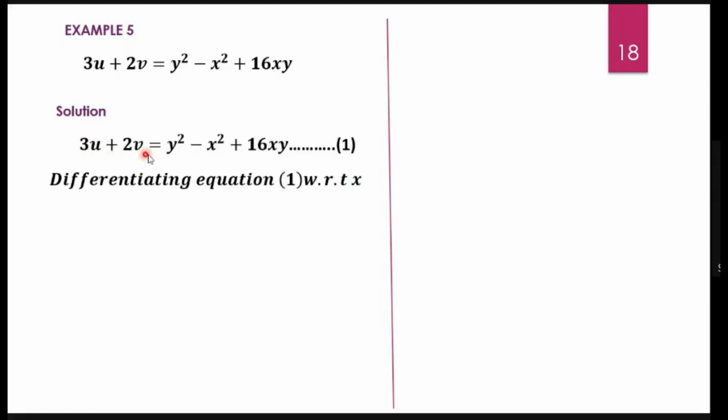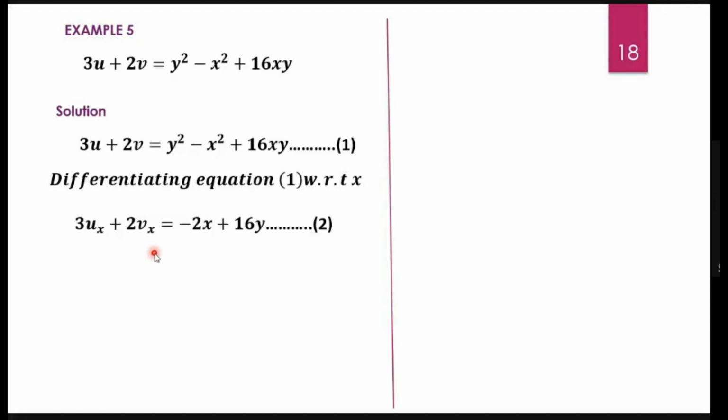Because we require ux and vx, and ux is the partial derivative of u with respect to x. So the answer is 3ux plus 2vx equals 2x plus 16y, because the x derivative is equal to 1. This is one equation. Understood this part? Why are we doing this differentiation? Because we require ux and vx in calculating f dash of z.